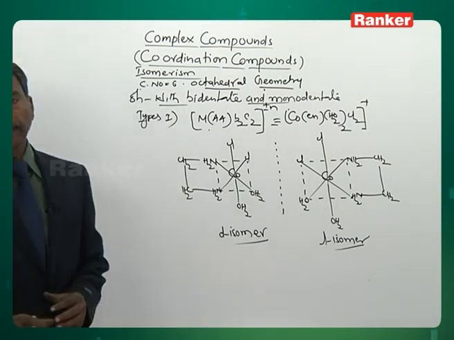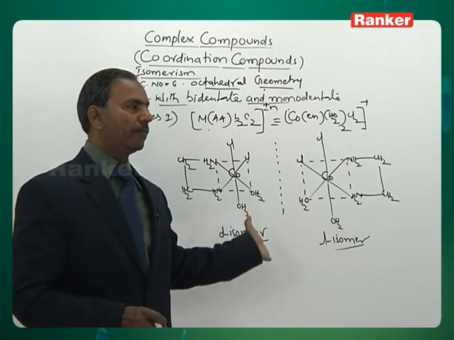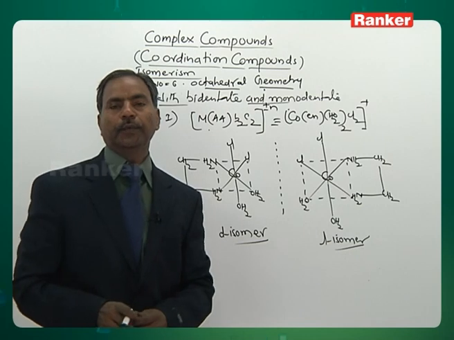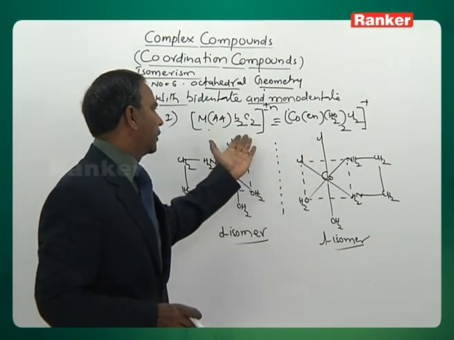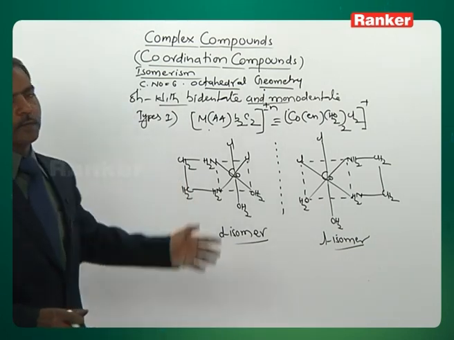One is M(AA) taken twice, B2, next BC, then M(AA)B2C2. All these cis isomers are optically active, as shown on the three models.